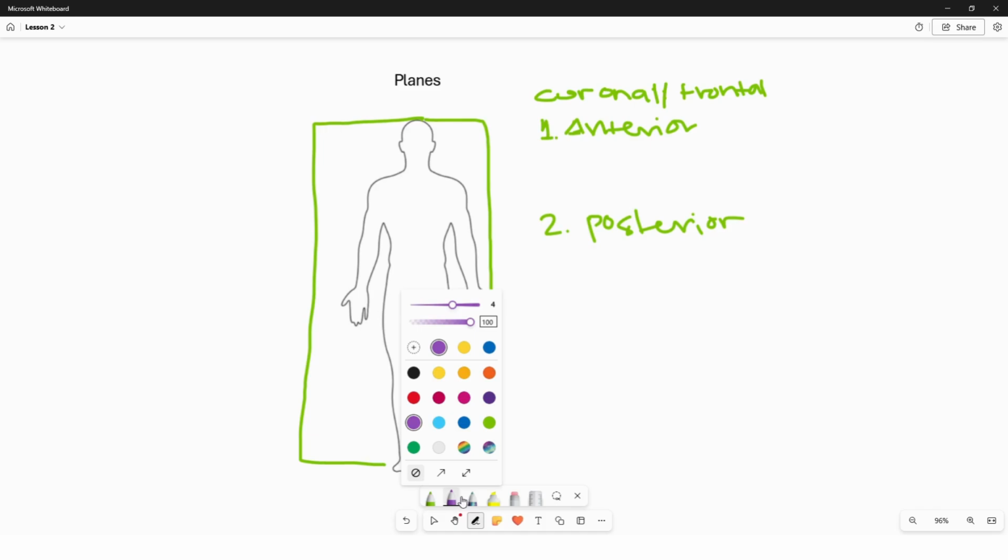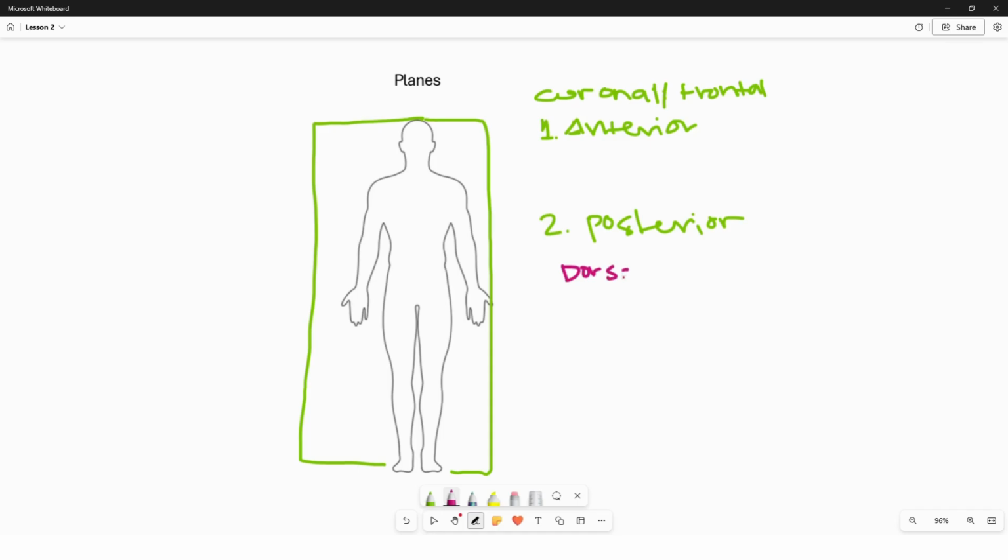Now, this is just a broad term. Posterior and anterior are broad terms, but there are even more specific terms known as ventral and dorsal when it comes to the front and back of the body. And dorsal means the back, specifically the spinal column.